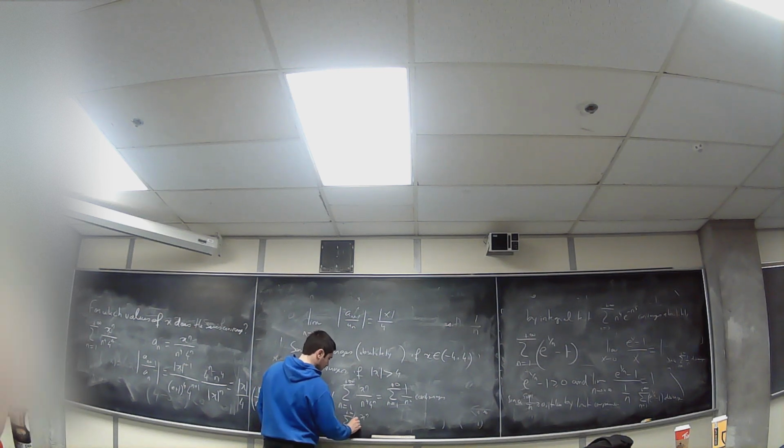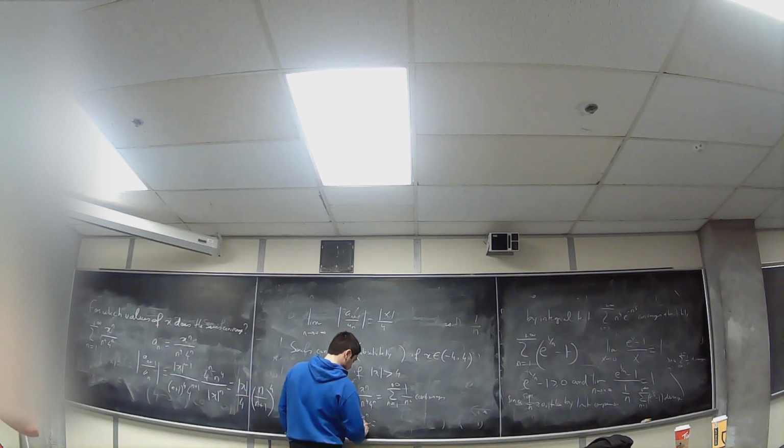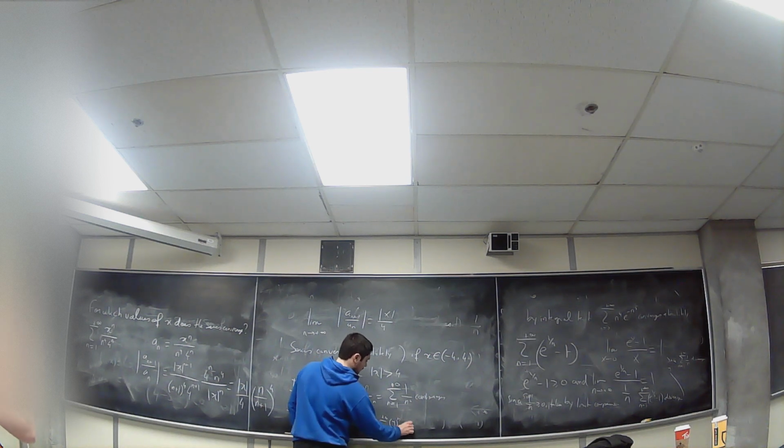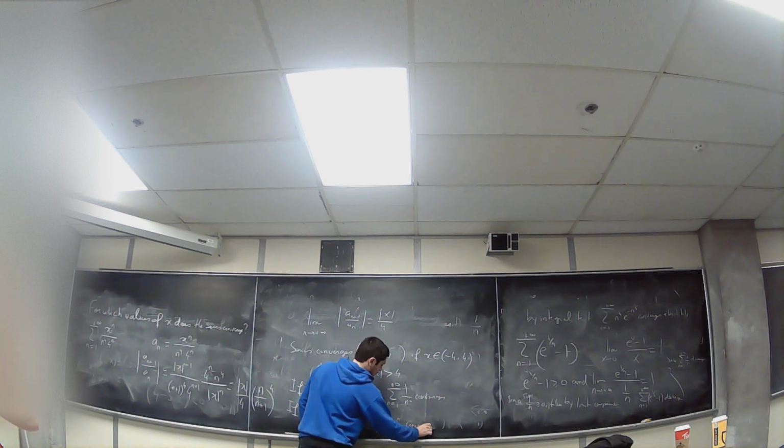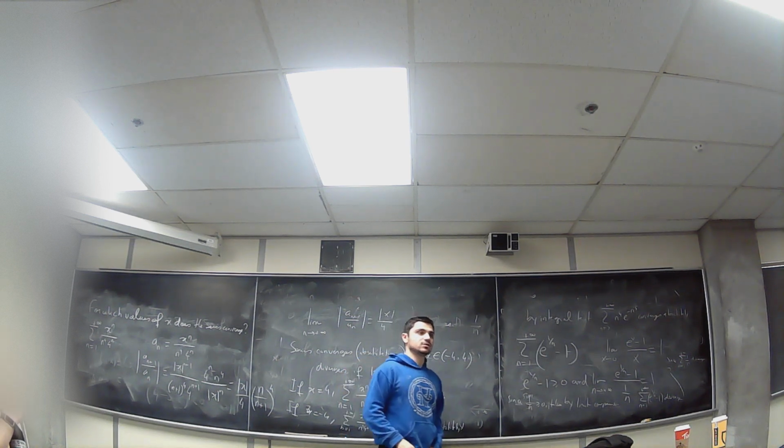And if x is equal to minus 4, what do I have? Minus 4 to the n over 4 to the n, this is just converges, also absolutely, right? So the interval of convergence, what is it? Minus 4, 4.